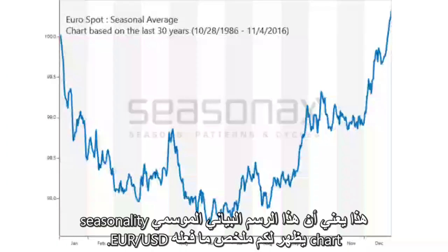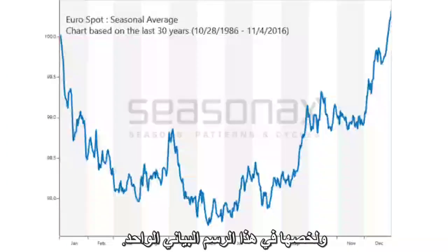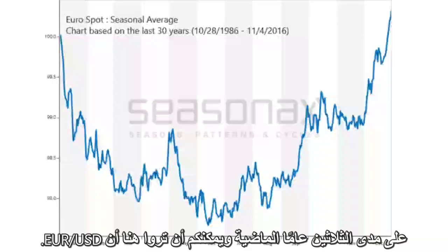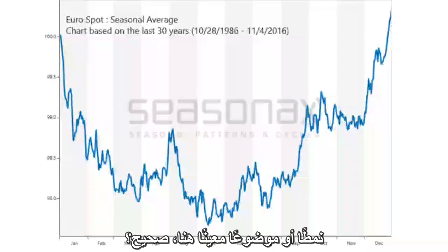It means that this seasonality chart is showing you the summary of what Euro USD has done on average each year throughout each month over the last 30 years, and it has collected that data and summarized it into this single chart, right? It's a summary of all the price action of EU of the last 30 years, and you can see right here that Euro USD or EU has followed a certain theme or pattern here, right?